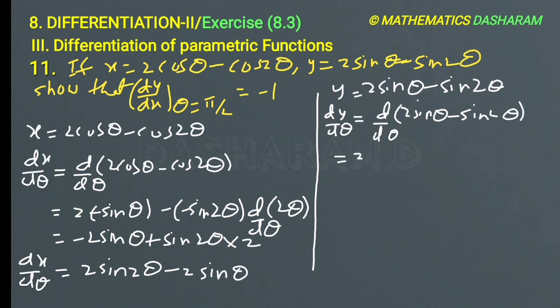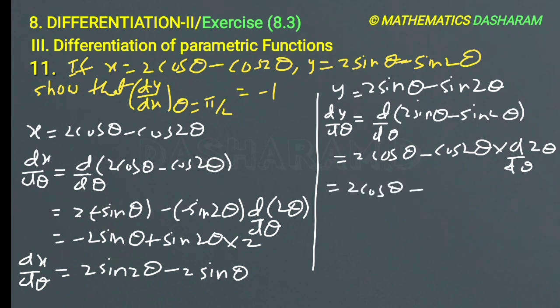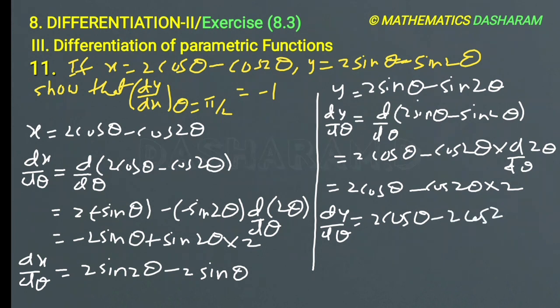So 2 into derivative of sin theta is cos theta, minus derivative of sin 2 theta is cos 2 theta. Next, do the derivative of 2 theta. So then it equals 2 cos theta minus cos 2 theta into derivative of 2 theta, which is 2. So then dy by d theta equals 2 cos theta minus 2 cos 2 theta.